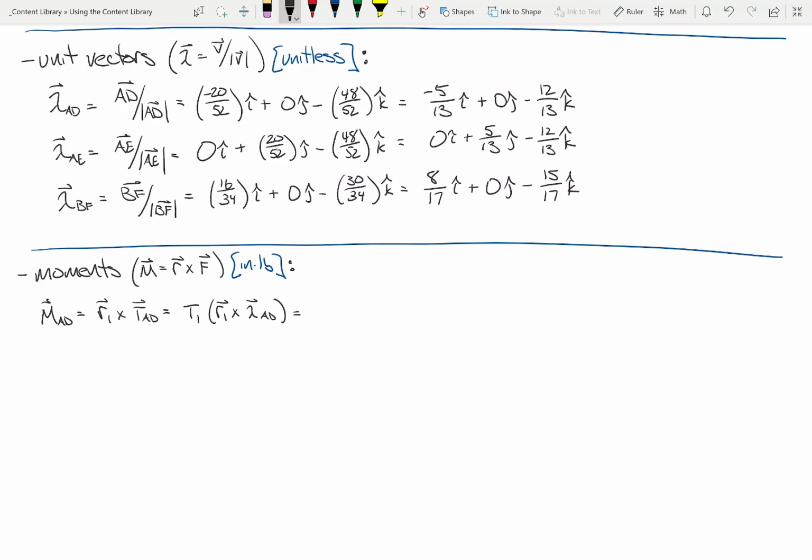Now the cool thing about these cross products is there's tons of zeros, so it should make our life pretty easy. Oh, whoops, I got that backwards.